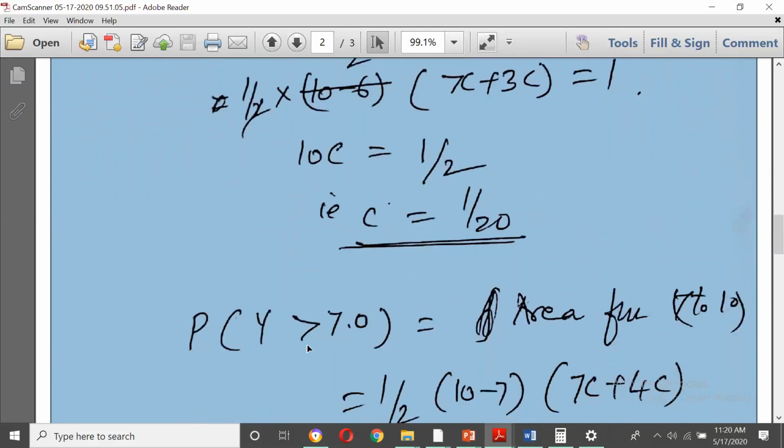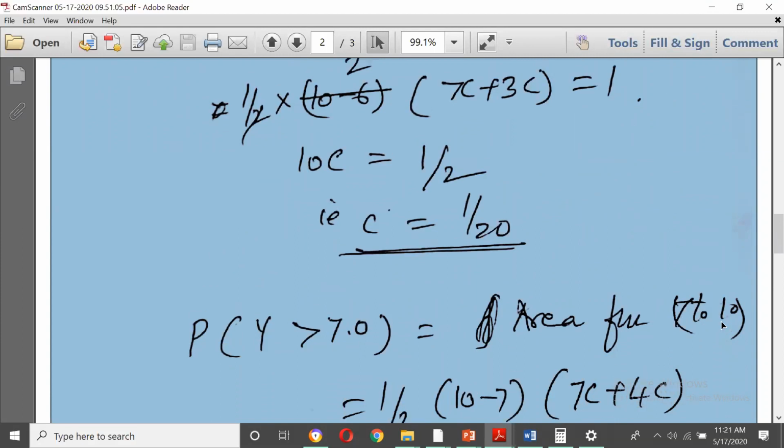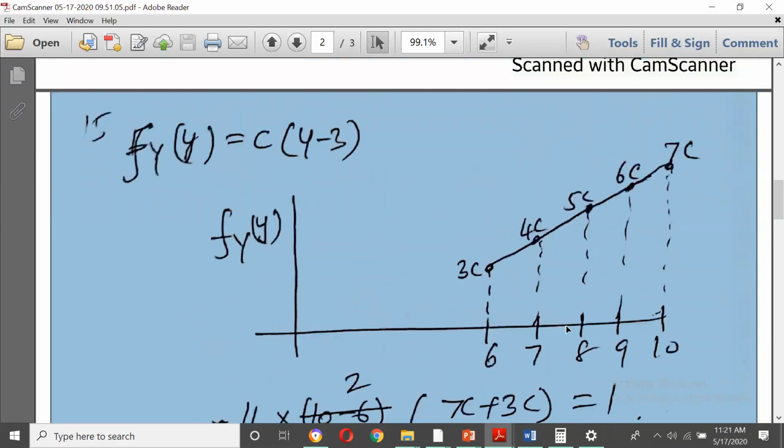Then for y greater than 7.0, area from 7 to 10. At 7, you have 4c. At 10, you have 7c as the height. So the two heights should be added, 7c and 4c. And here the base is 10 minus 7, that will be 3.